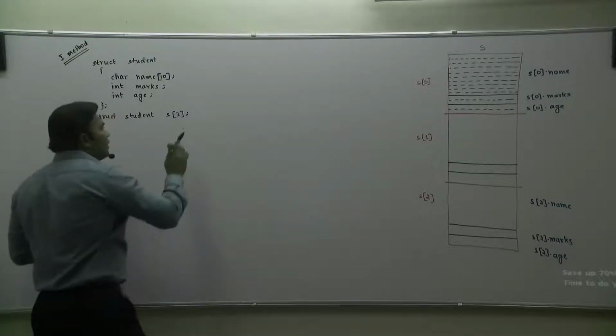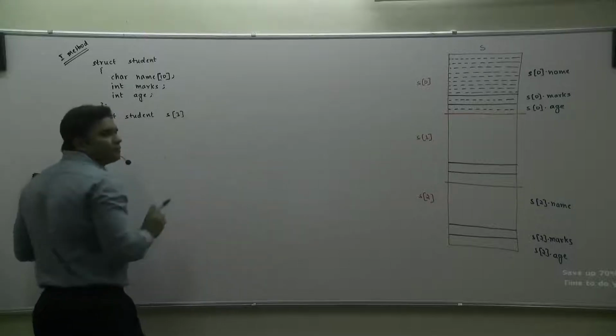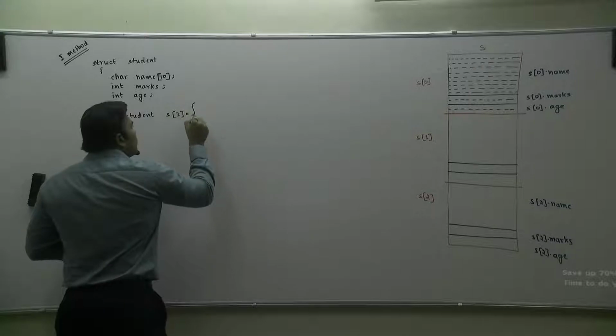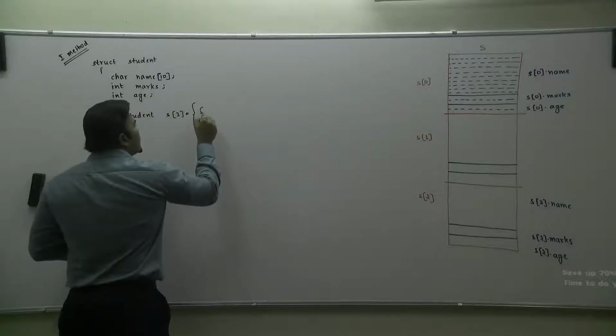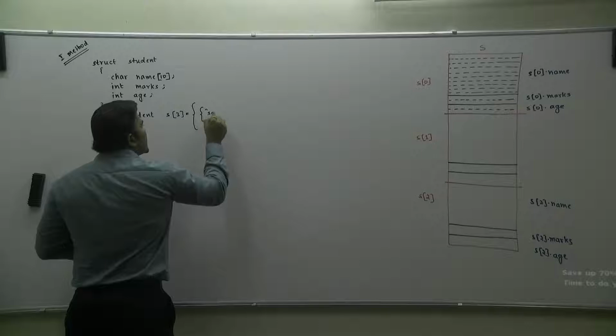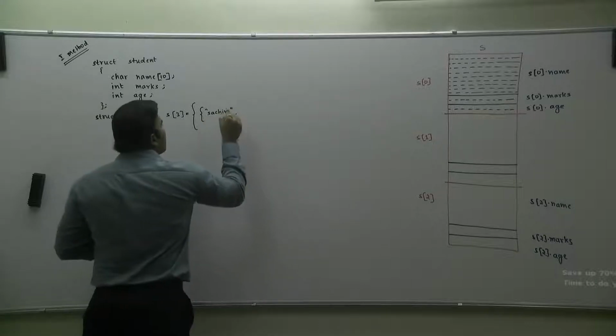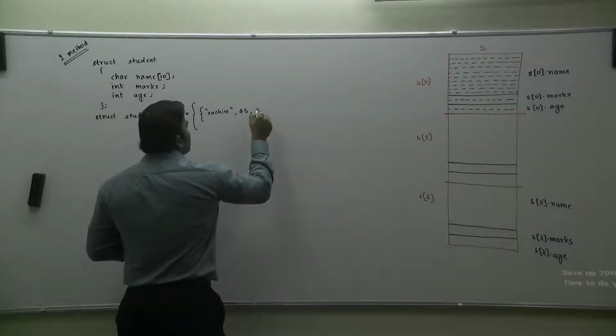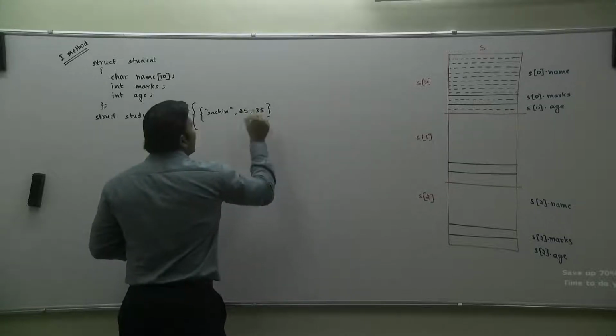If you want to fill value, don't tell semicolon. Rather, you tell equal to. And inside this you can tell name Sachin, marks 25, age 35. Assume like this, I tell.